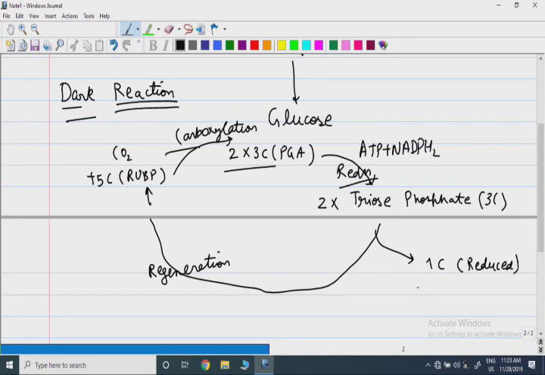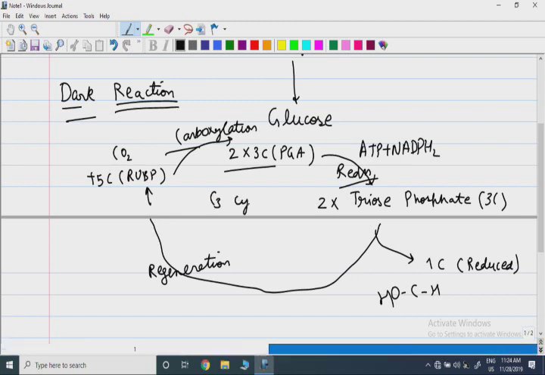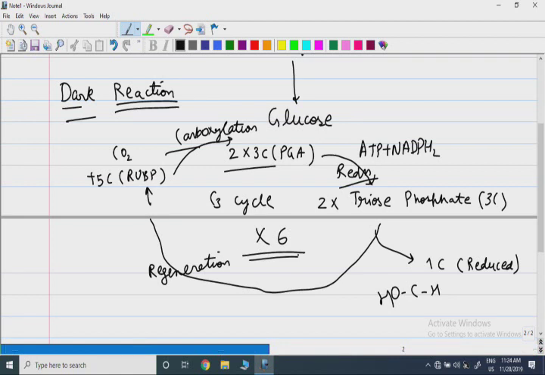So let us say it is in CHOH form. So if you run this cycle called Calvin cycle or C3 cycle 6 times, you will get 6 carbons which are reduced, right? So 6 reduced carbons equal glucose, right? Okay. So this is a summary of what we have studied in the last class. I hope you remember all this.